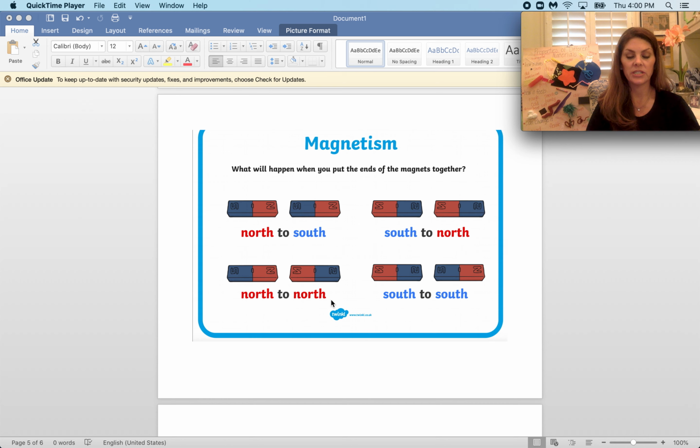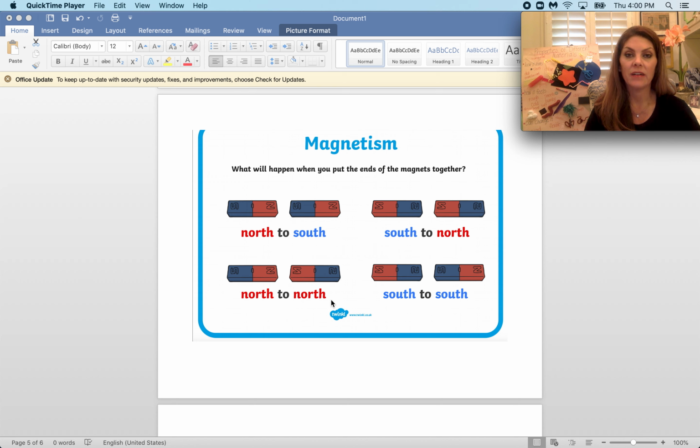So just to review, we talked about materials and properties in a previous lesson. Materials are objects made of matter, and properties are just ways to describe the material.